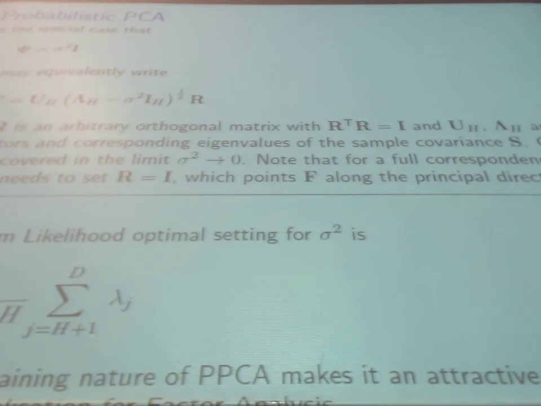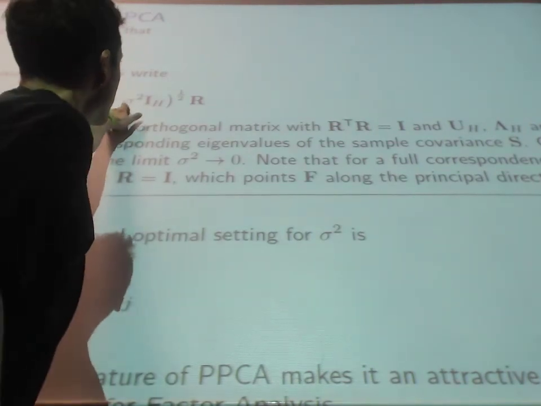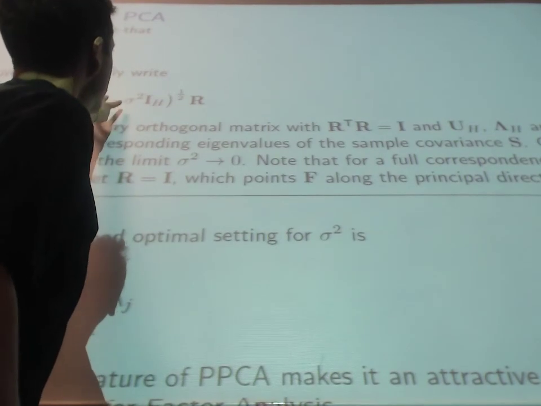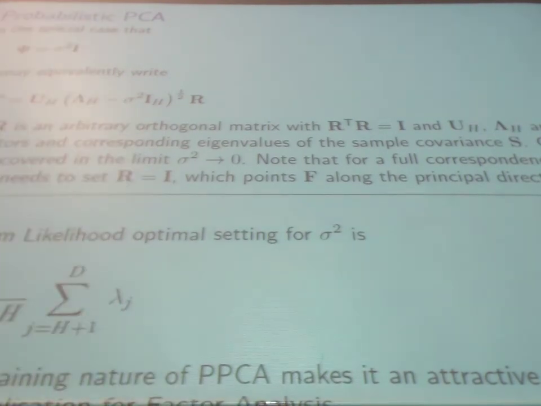So this is used now. These are the eigenvectors of the original covariance matrix, not the rescaled version. You just need to take the leading eigenvectors of the sample covariance matrix. And you have a slight difference from classical PCA because f is rescaled slightly by this diagonal matrix here.